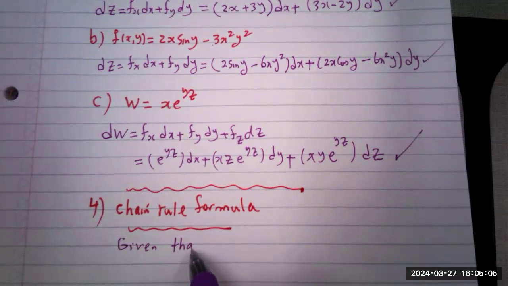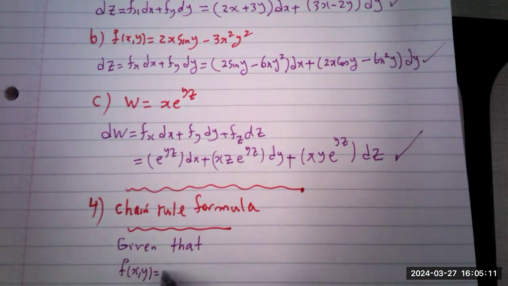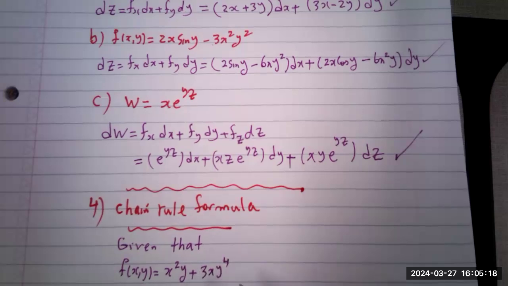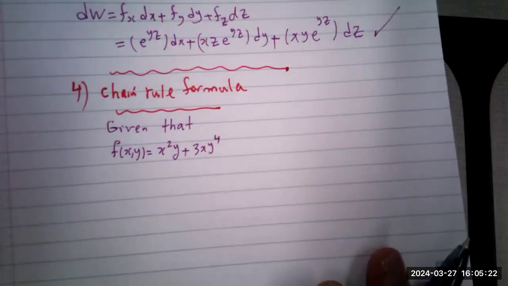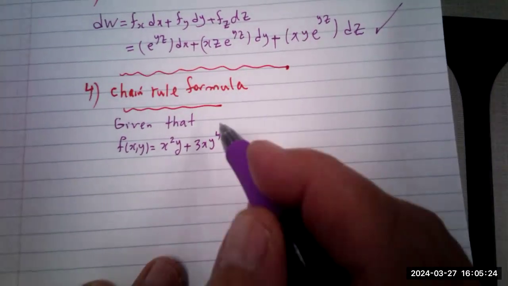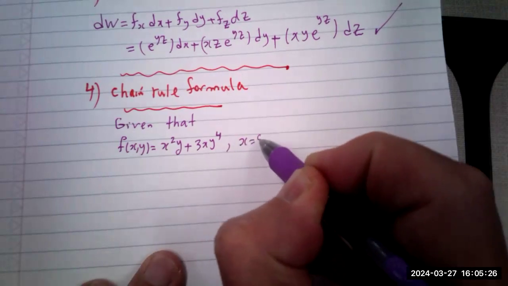Given that these are the functions: you have f of x, y, a function of 2 variables, x squared y plus 3x y to the 4. This is your function of x and y. But x and y are functions of another variable. x is sine of 2t.